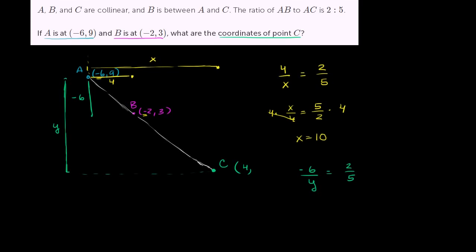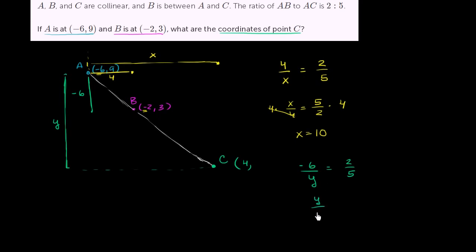Once again, we can take the reciprocal of both sides. y over negative 6 is equal to 5 over 2. Multiply both sides times negative 6. We are left with y is equal to 5 times negative 6, which is negative 30, divided by 2 is negative 15. So our change in our vertical axis, which we're calling y in this case, is negative 15.